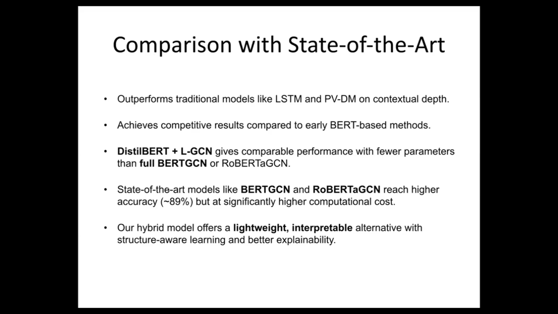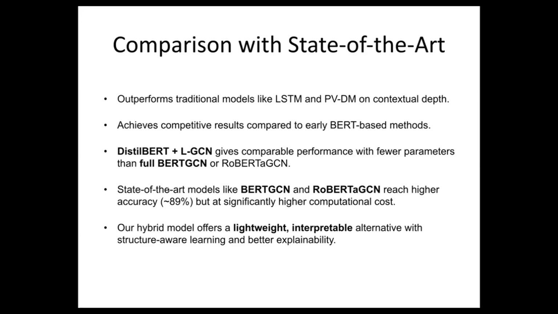State-of-the-art models like BERT-GCN and RoBERTa-GCN reach higher accuracy, around 89%, but this comes at the cost of heavier transformer backbones, complex fusion models, and increased GPU, memory, and training time. In contrast, our model uses DistilBERT, which is a compressed transformer, and a two-layer learnable GCN, resulting in a much lighter computational footprint and faster inference time without sacrificing too much on performance.